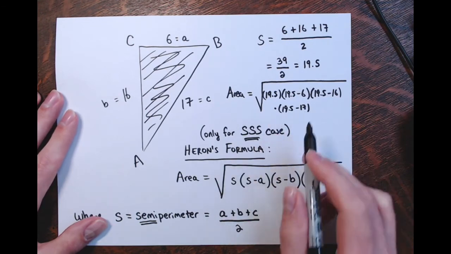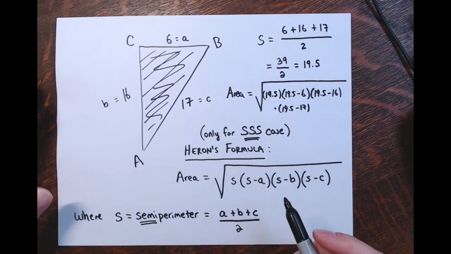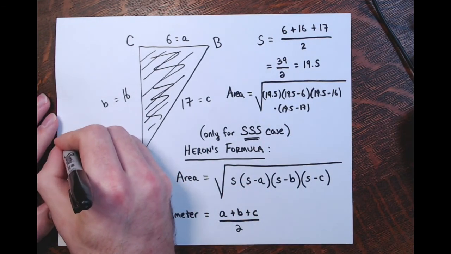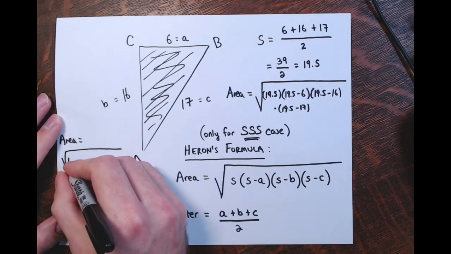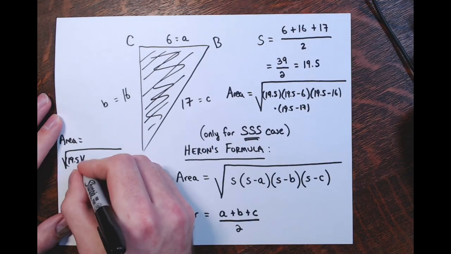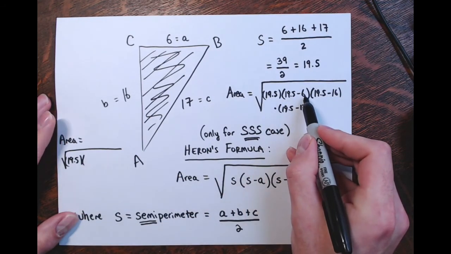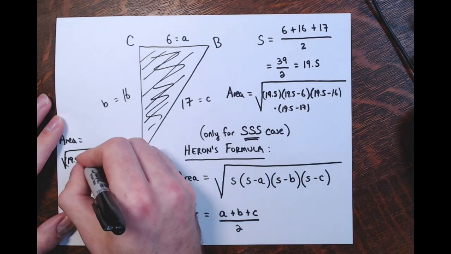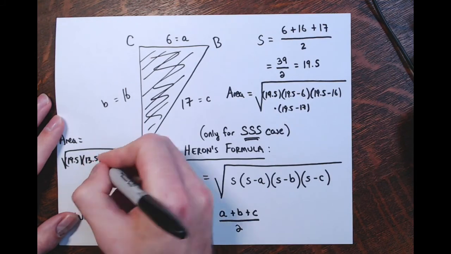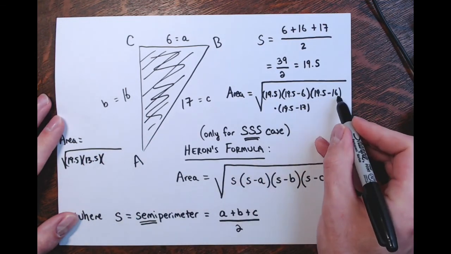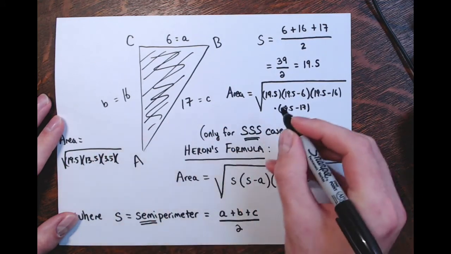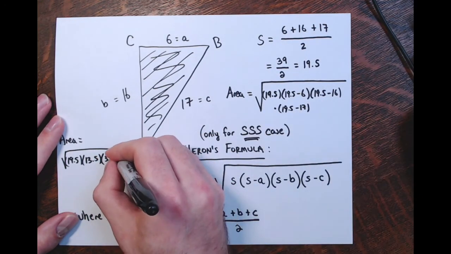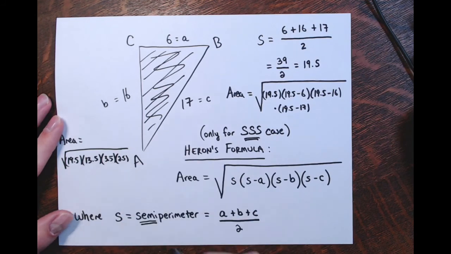Now you could type all that in, but I'm going to take this over here. So the area is the square root of 19.5 times, 19.5 minus 6 would be 13.5. 19.5 minus 16 would be 3.5. And then 19.5 minus 17 would be 2.5. So this is what I'll enter in the calculator.